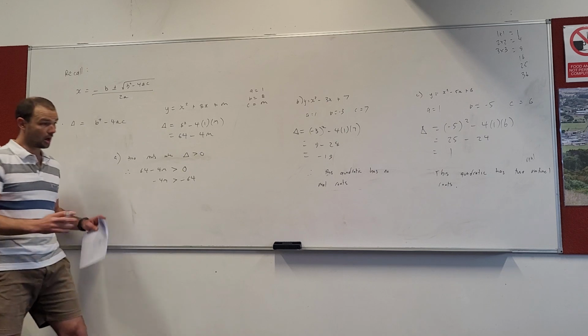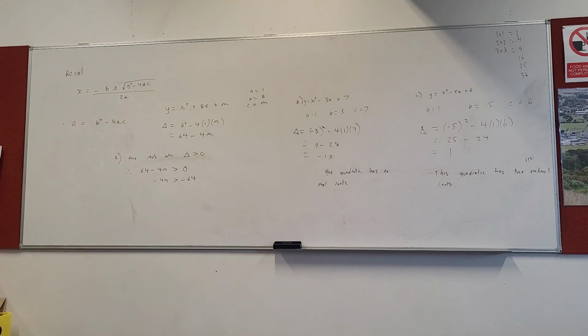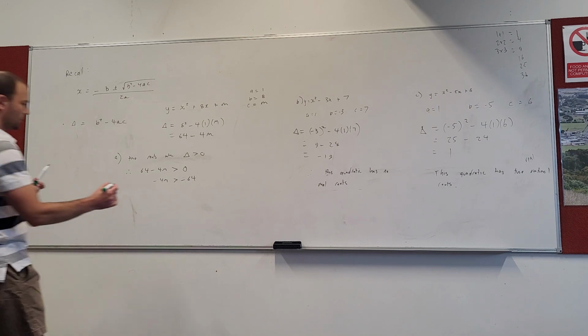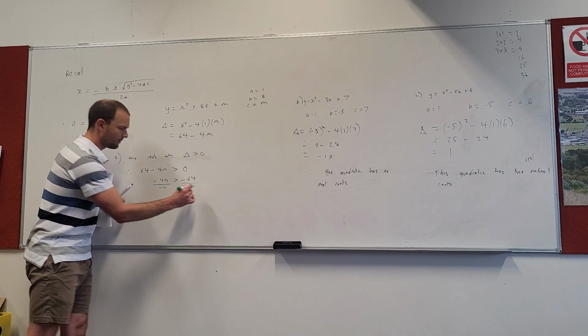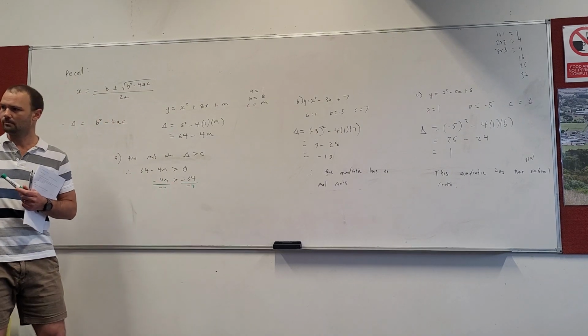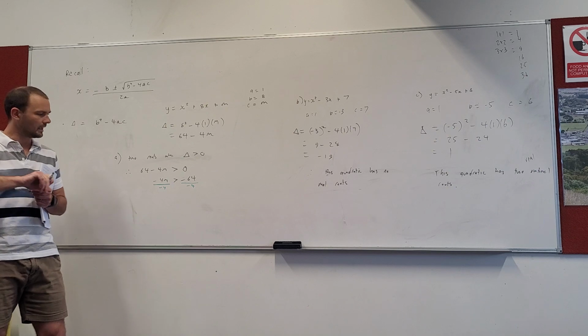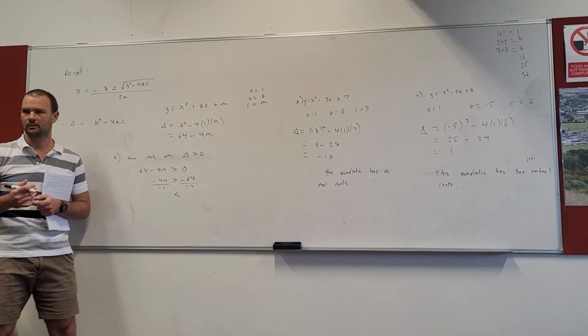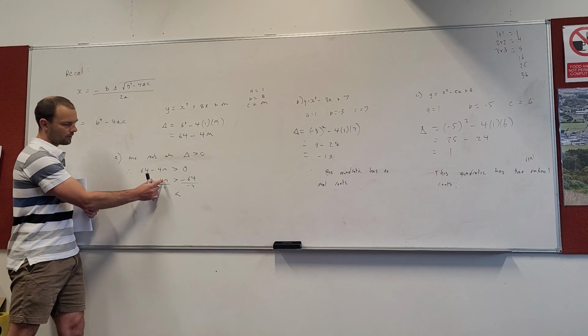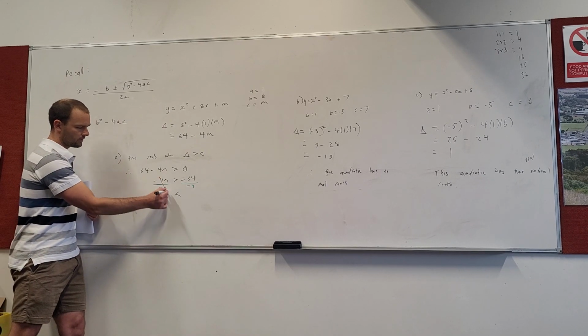Alright? So I'm going to write up what I'm doing. I'm going to illustrate it, like we did when we first started the equations. Divide by -4, divide by -4. Now I said, if you multiply or divide by a negative, it's going to flip the inequality. So that means that's going to face the other way. Here we've got -4 at the top, -4 at the bottom, so they're cancelling.